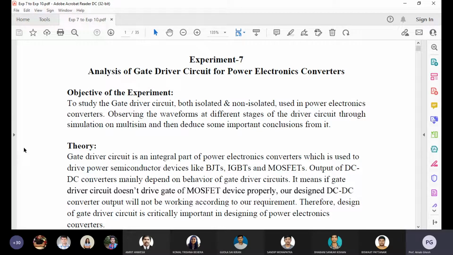In the gate driver circuit, the MOSFET biasing voltage is up to 15 volts, so the voltage can be varied from 0 to 15 volts, not beyond that. And whatever BJT we use in the control circuit for driving the power BJT, that range is also within 24 volts.